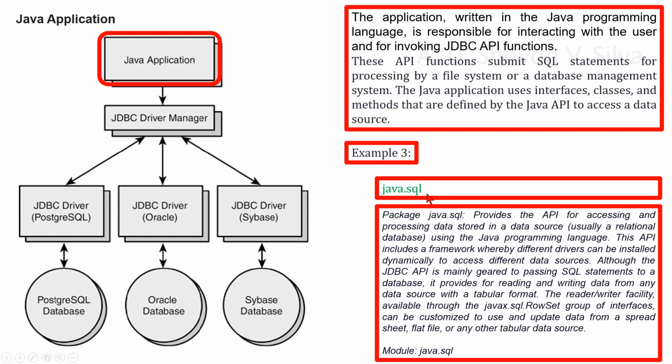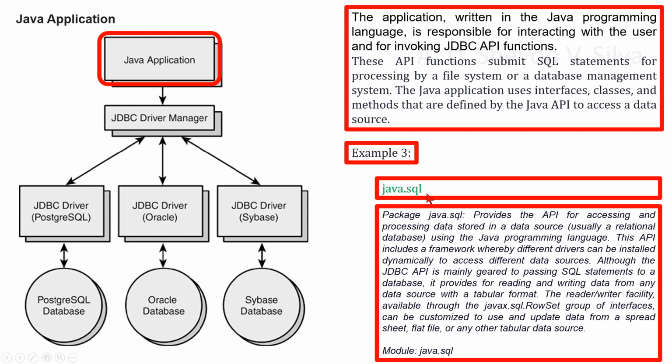Although the JDBC API is mainly geared to passing SQL statements to a database, it provides for reading and writing data from any data source with a tabular format. The reader-writer facility available through the javax.sql.rowset group of interfaces can be customized to use and update data from a spreadsheet, flat file, or any other tabular data source.